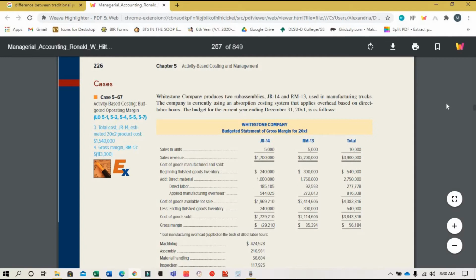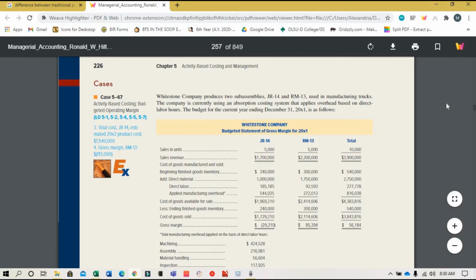As for RM13, its sales in units are 5,000. Its sales revenue is 2,200,000. Its beginning finished goods inventory is 300,000. Direct material, direct labor, and applied manufacturing overhead are as follows: 1,750,000, 92,593, 272,013, and its cost of goods available for sale is 2,414,606.